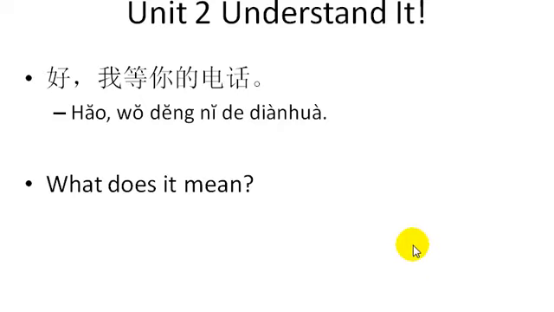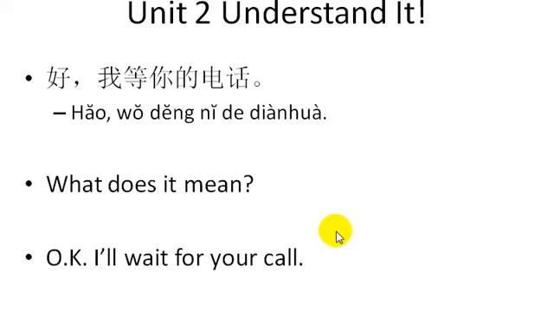Pause and write down what you think this means. And hopefully you came up with something close to, okay, I'll wait for your call. 好，我等你的电话. And that concludes this lesson.